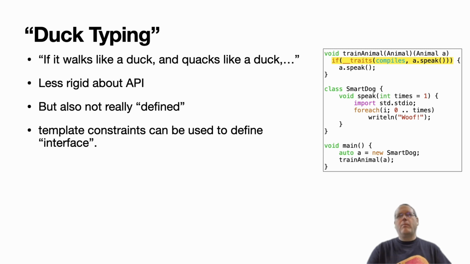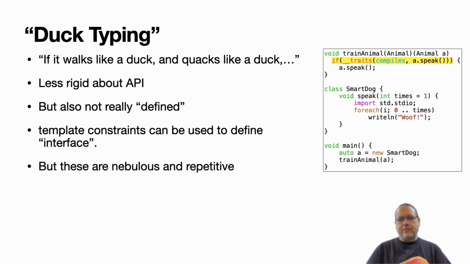So this is a less restrictive way to do interfaces. However, they're nebulous and repetitive. I don't have a type to look at that says this is what an animal is. I have to understand from the template constraints, which might be spread over different functions, whether it actually fits this model.